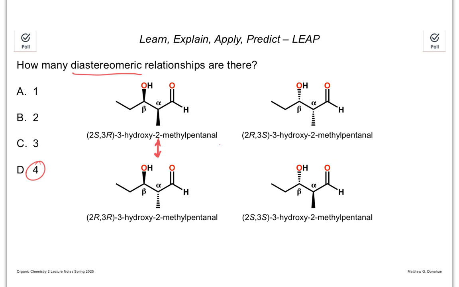Or this one here. Now the alpha carbon is staying the same and the beta carbon is flipping. And then we can do it from the other top right one. Those would be diastereomers. And then those would be diastereomers, so that would be 4.